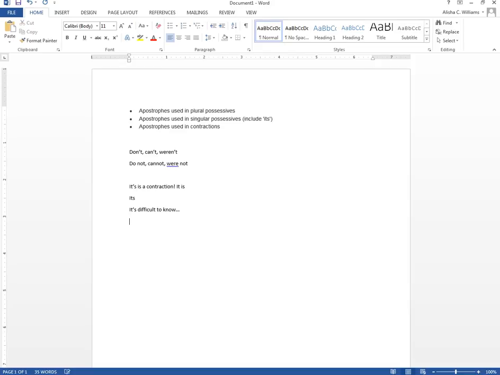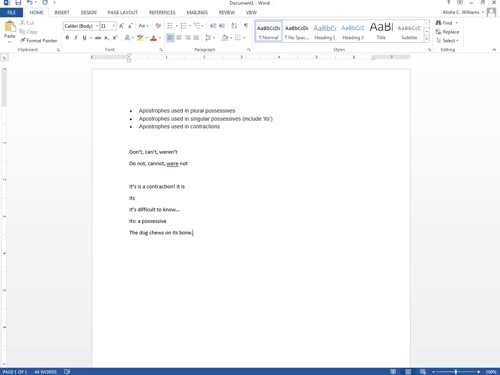And then we have its, which is a possessive. That is something belonging to it, whatever it is. Most examples of it have to do with the dog. The dog chews on its bone. The bone belongs to the dog. The dog has a chew toy and is chewing on it, and so it chews on its bone.